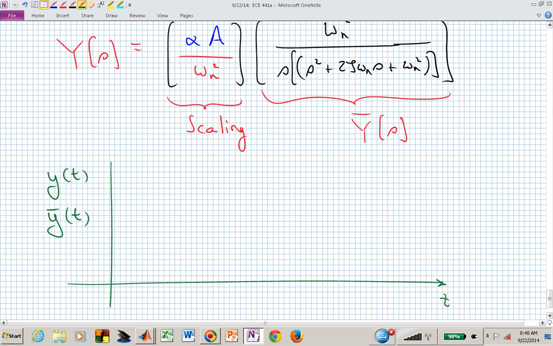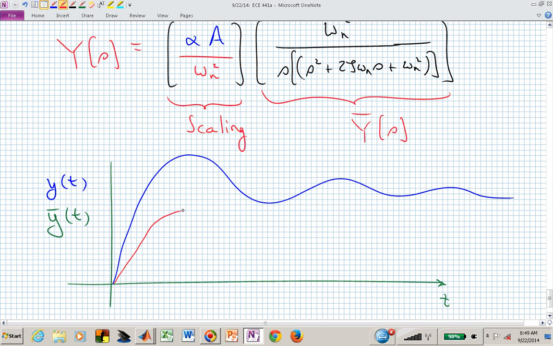Suppose I do y of t in blue. This is y of t. And maybe I let y bar of t be a scaled version of y of t.